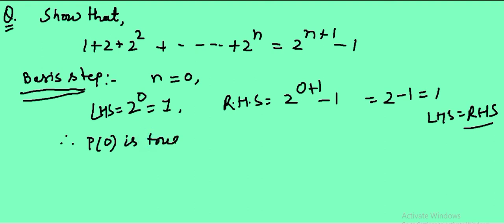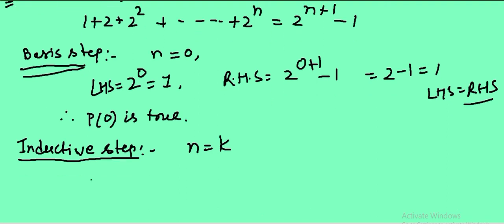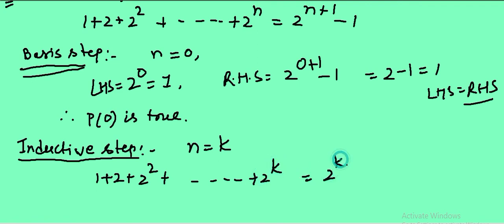So when P0 is true, in the inductive step we have to prove it for k, so n is equal to k. Putting n equal to k, this equation will be 1 plus 2 square plus till 2 raised to power k, because n is now k, equal to 2 raised to power k plus 1 minus 1.